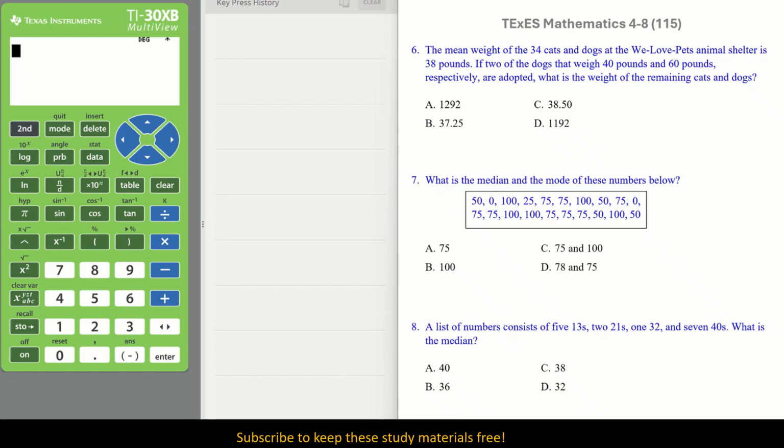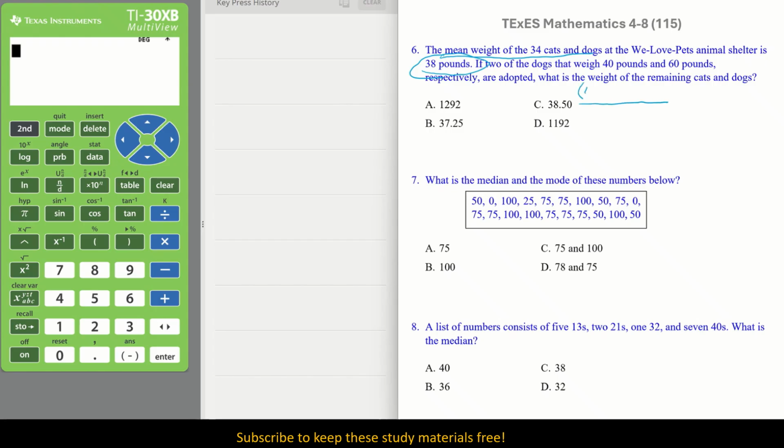Let's think logically here. We have a mean weight of 38. Well, we know that the basic formula we set up for mean is we're going to add up all the weights.